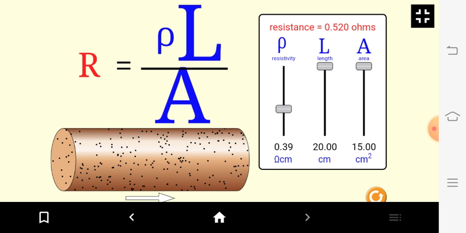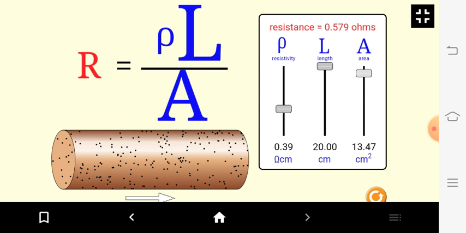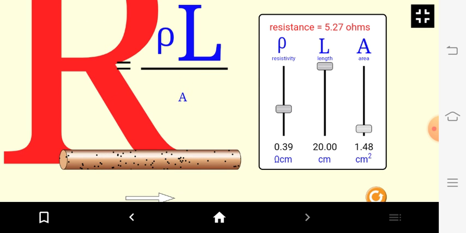So, how many factors are there? Length: resistance increases with length. Area of cross section: whether the wire is thick or thin. If the area of cross section is more, it is thicker. If the area is less, it is a thin wire.